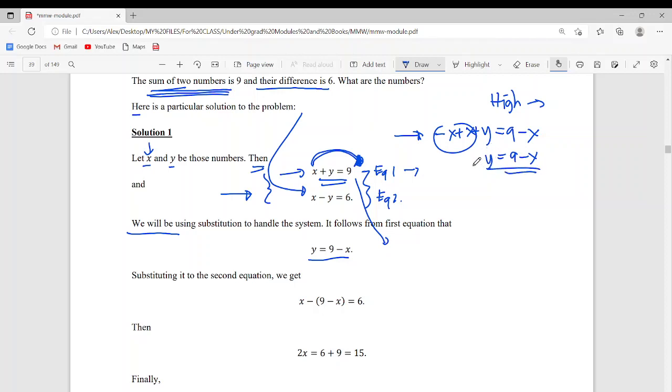We did not just move it over; that is what we call transposition, which is widely used in high school. I think some Filipino authors use the word transposition.